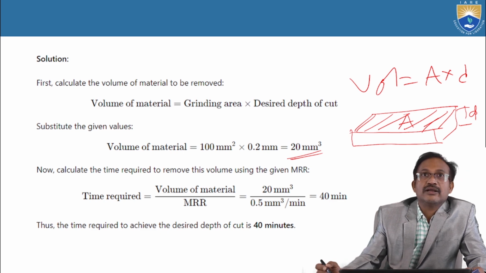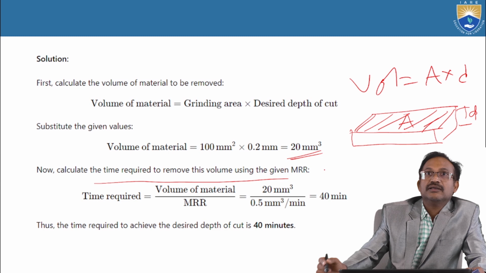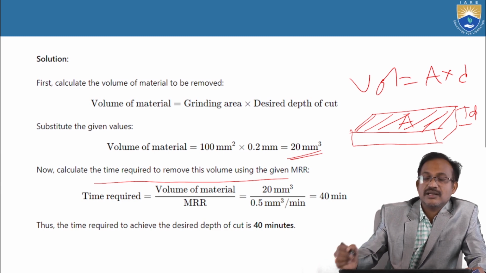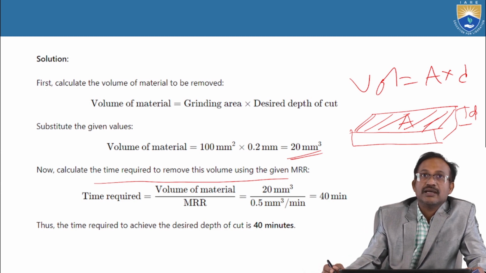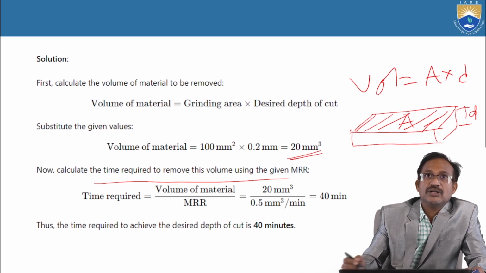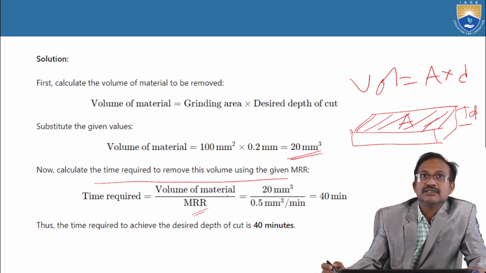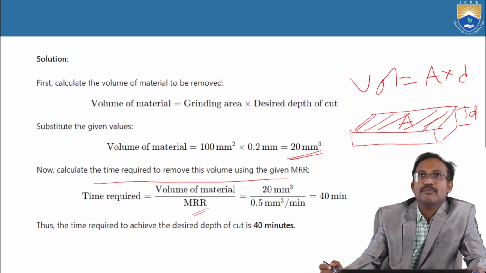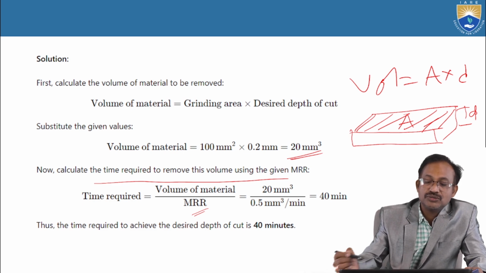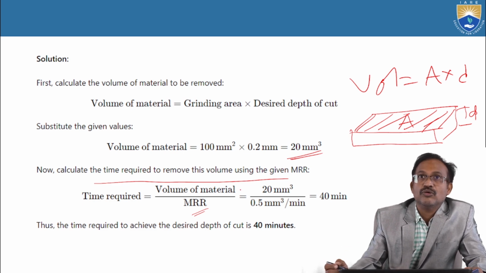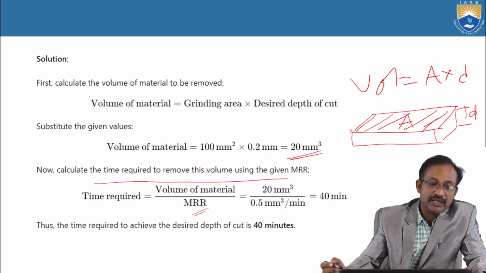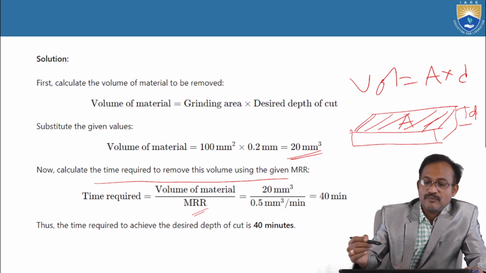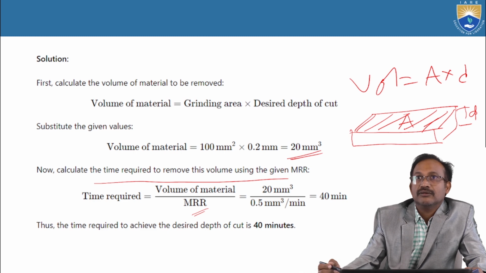Now calculate the time required to remove the volume using the given MRR. Usually we have to calculate MRR, but here the material removal rate is given, that is 0.5 mm cube per minute, and we need to calculate the machining time. Simply substitute the values: volume of material removed, 20 mm cube, and material removal rate, 0.5.